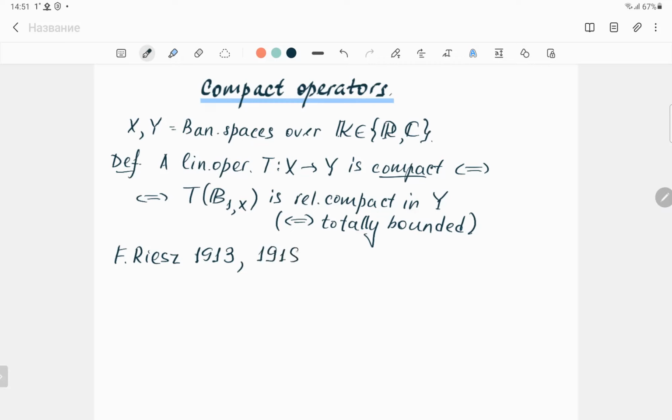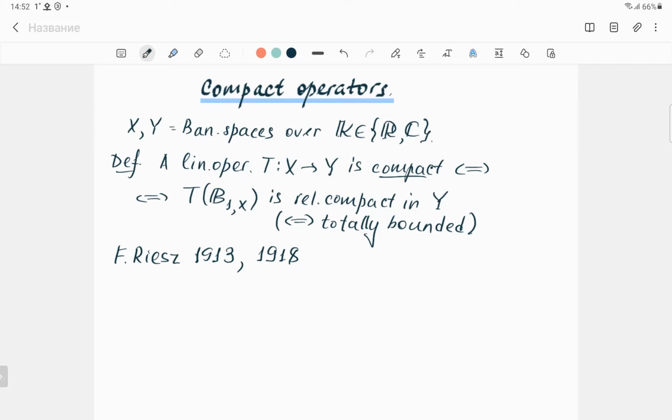In 1918, he published a paper which was very important, and actually it was one of the most significant and influential papers in the history of functional analysis. The paper was entitled Linear Functional Equations. And by the way, you can easily find a Russian translation of this paper at the MathNet site.